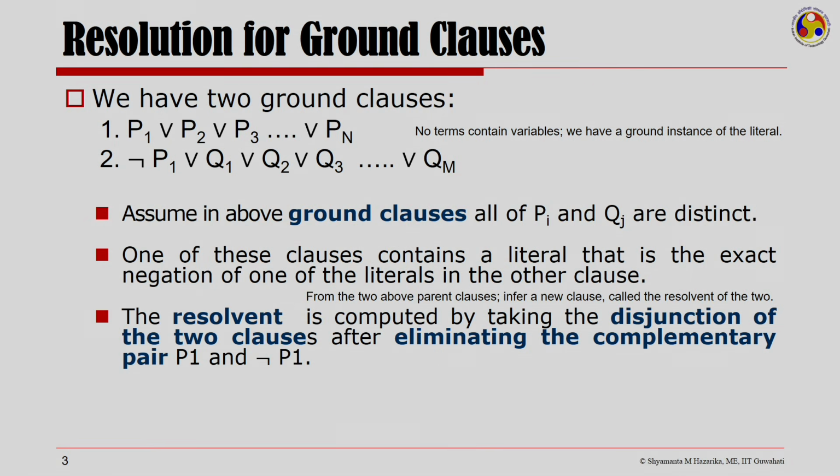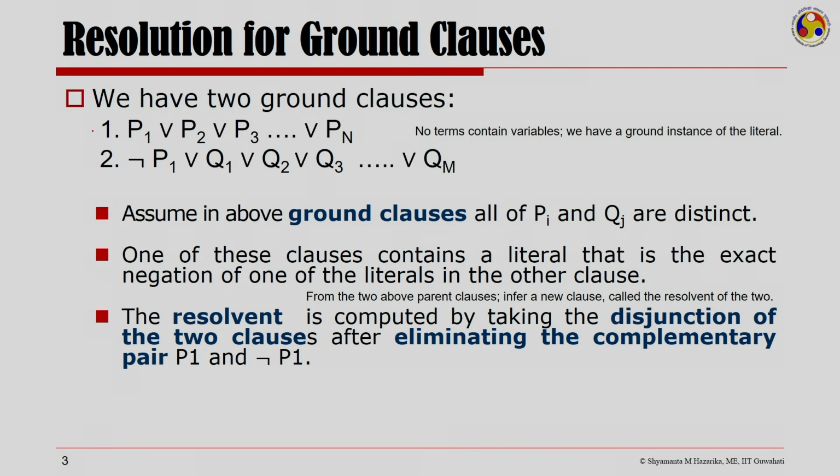Resolution for ground clauses is what we will look at first. Now, ground clauses are those where no term contains variables. That is, we have ground instance of the literals.